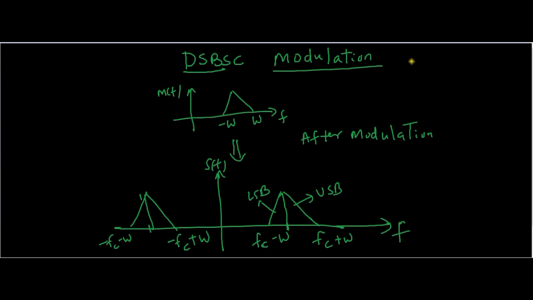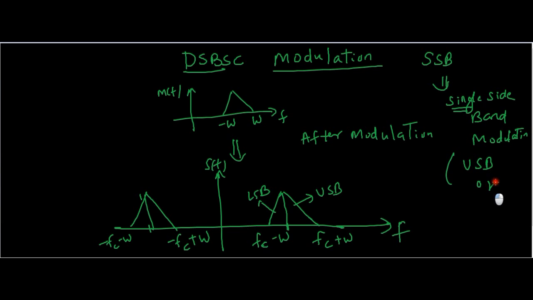SSB stands for single sideband modulation. By single they mean either USB or LSB, because any message signal we can retrieve by knowing either USB or LSB. In order to reduce the bandwidth, we use SSB modulation.